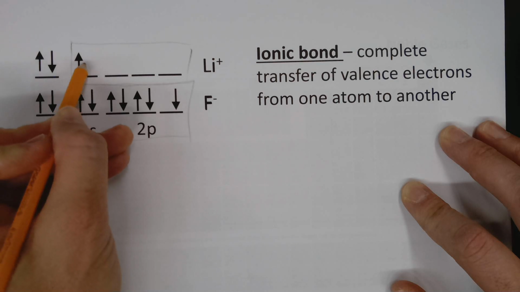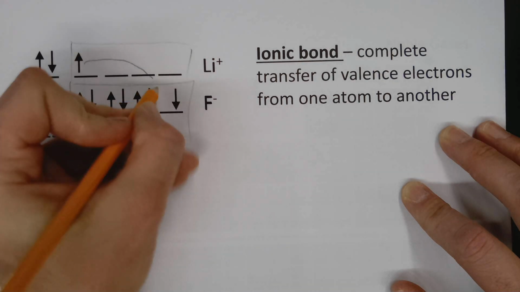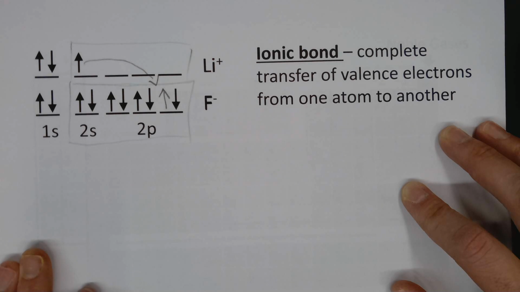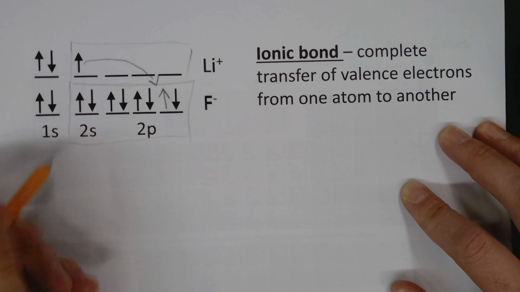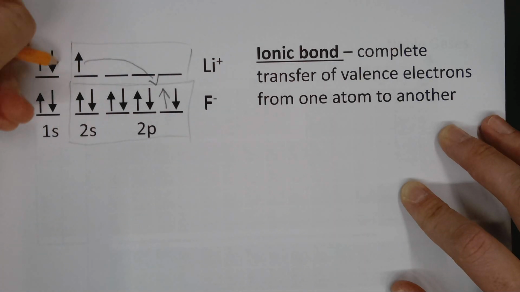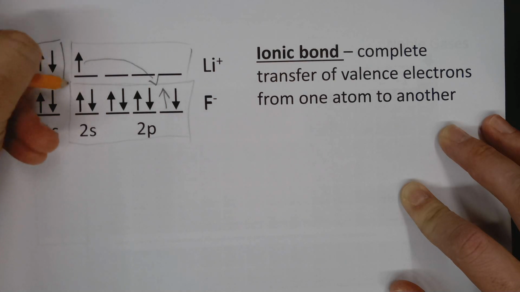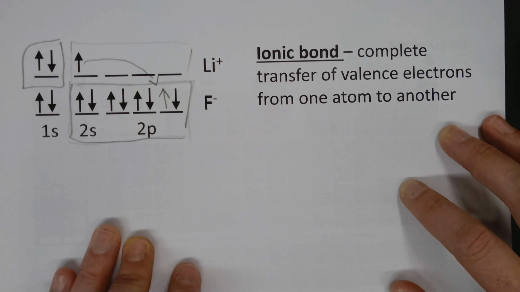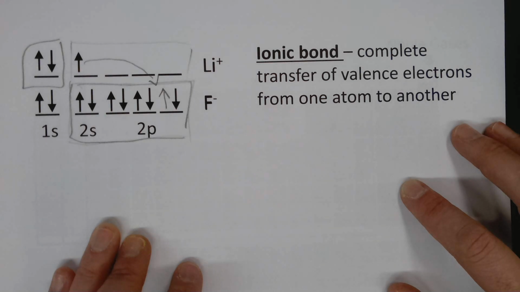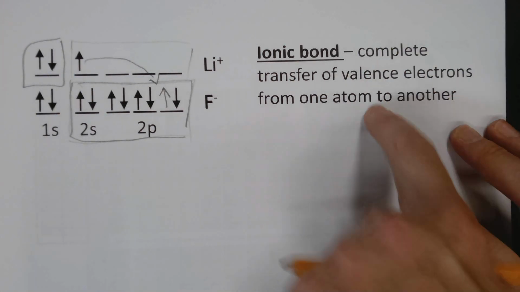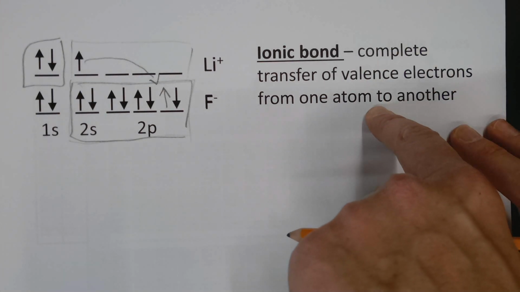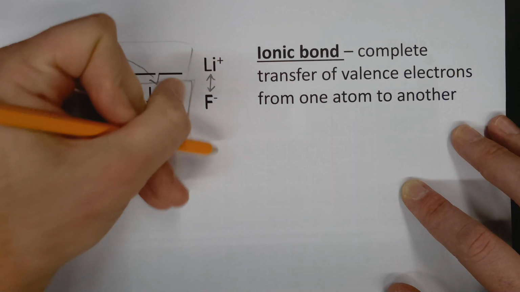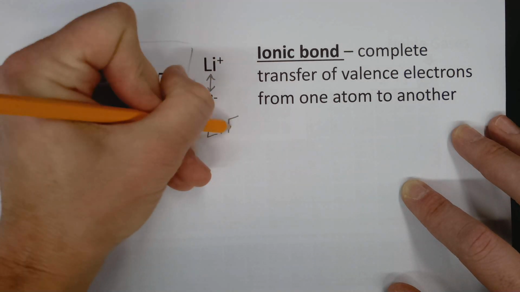So if lithium donates its valence electron to fluorine, now lithium has a full first energy level and fluorine has a full second energy level, and so they both satisfy the octet and duet rules. So they completely transfer the valence electrons from one atom to another. And then all we have is opposites attract, and you get the compound lithium fluoride.